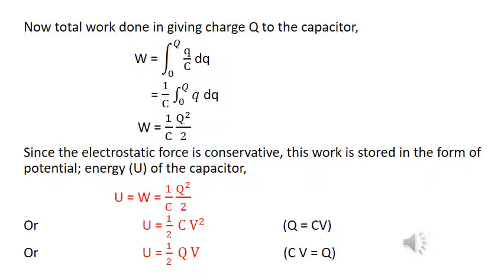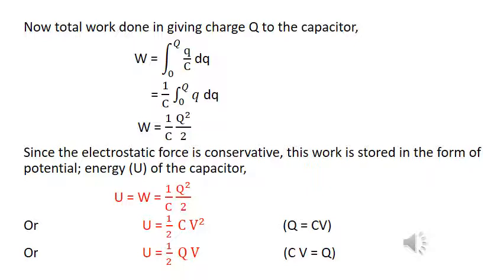Now to find out the total work done in giving a net amount of charge capital Q to the capacitor, we will have to integrate dW from the charge limits 0 to capital Q, that is when the capacitor has charge 0 initially at time t is equal to 0, and when it acquires the total amount of charge, which is capital Q. So net work done W is equal to integral 0 to Q of q by C into dq.